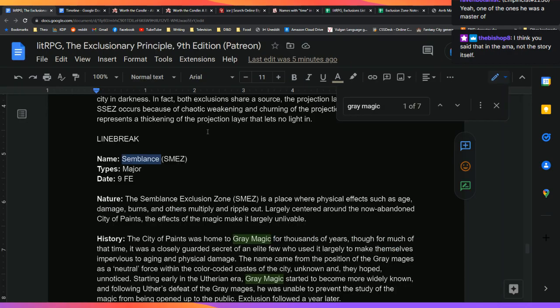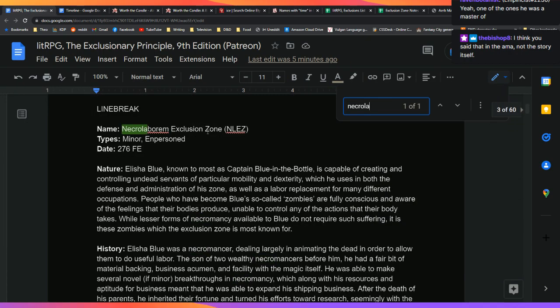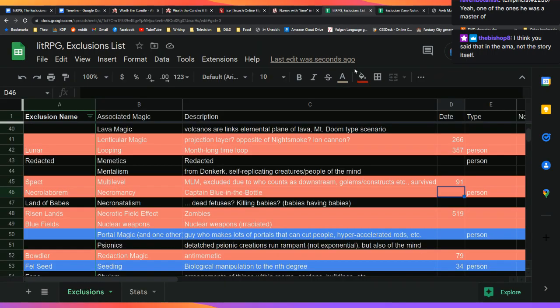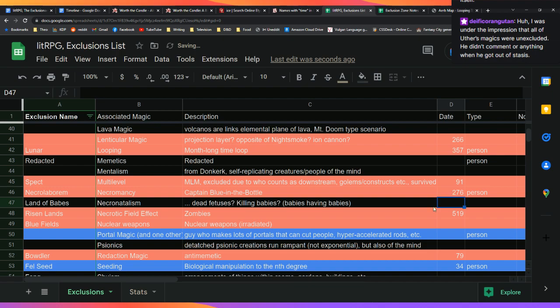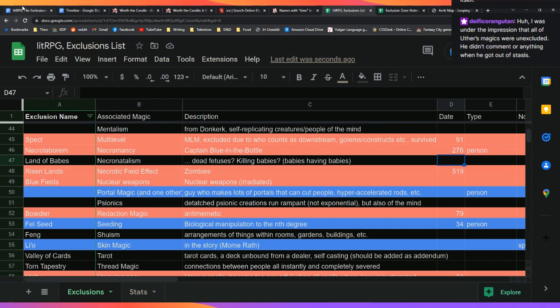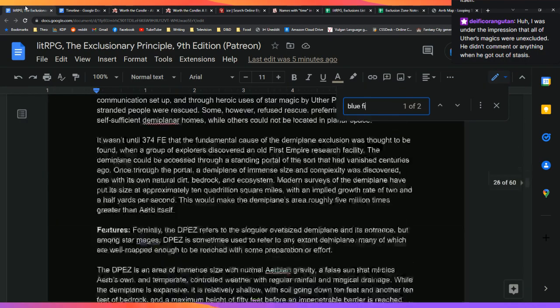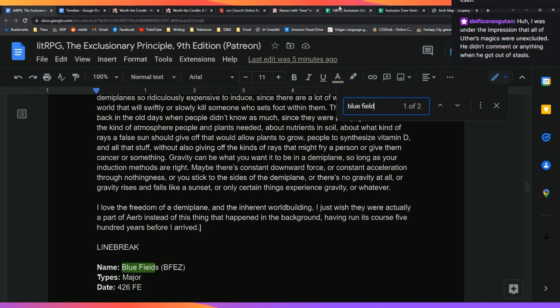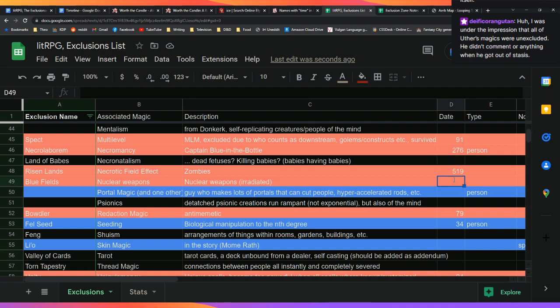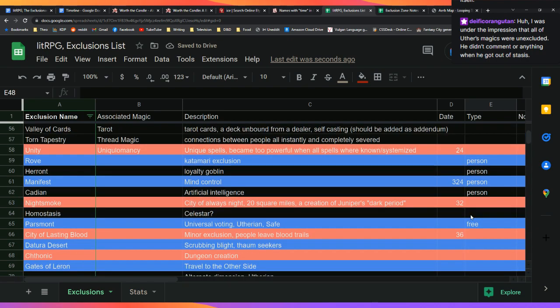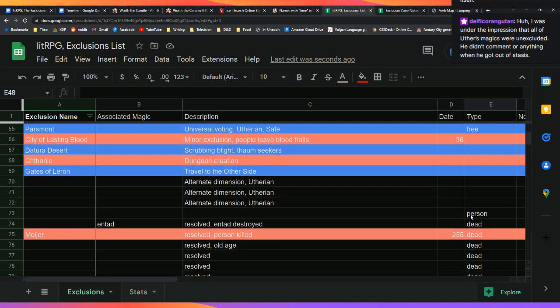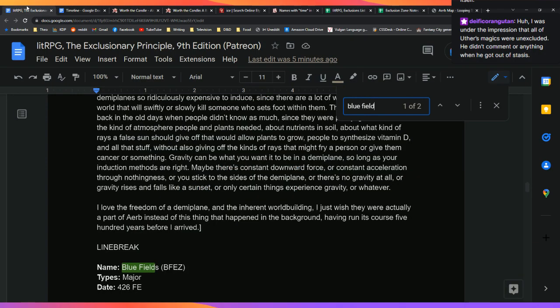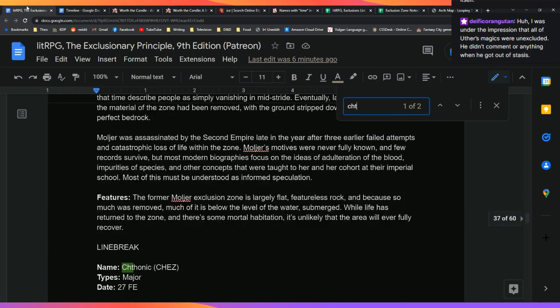Blue in the bottle. 276. Blue fields is 426. Is that it? No, we have chthonic, or thonic, thanic.